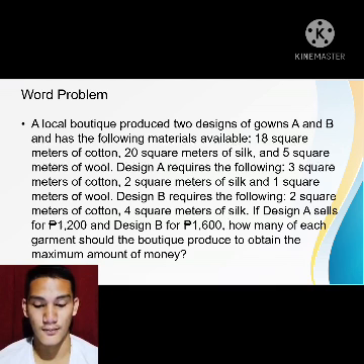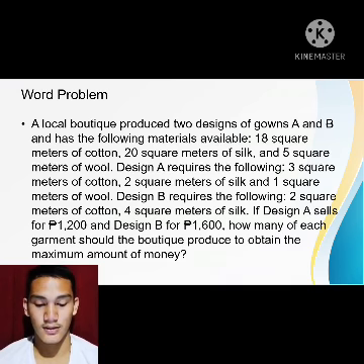Problem: a local boutique produces two designs of gown, A and B, and has the following materials available: 18 square meters of cotton, 20 square meters of silk, and 5 square meters of wool. Design A requires 3 square meters of cotton, 2 square meters of silk, and 1 square meter of wool.